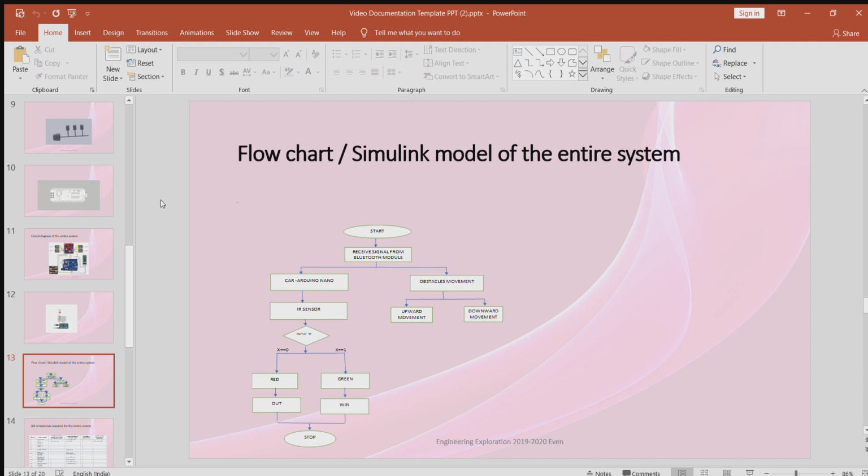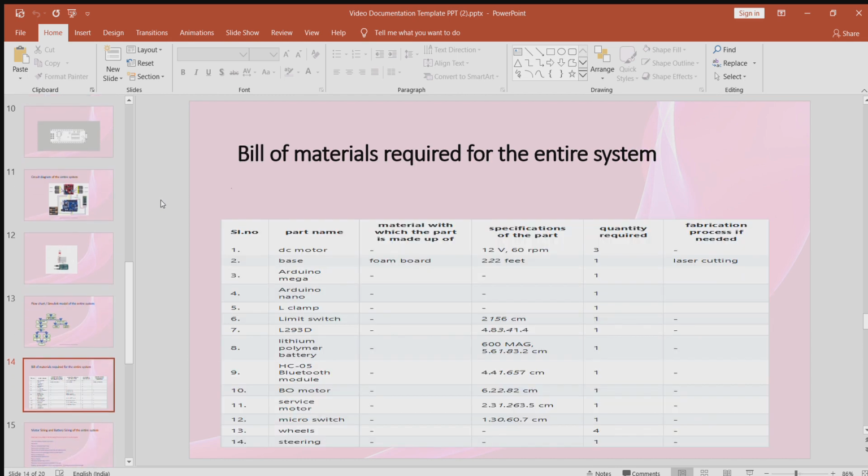The car Arduino Nano reads the IR sensors: when the input is x equal to 0, it shows as red, and out. If the input x equal to 1, it shows as green and win. As soon as it indicates either red or green, the game ends.